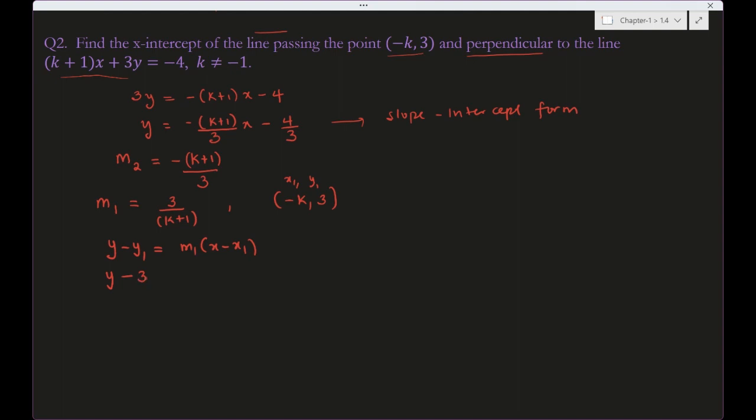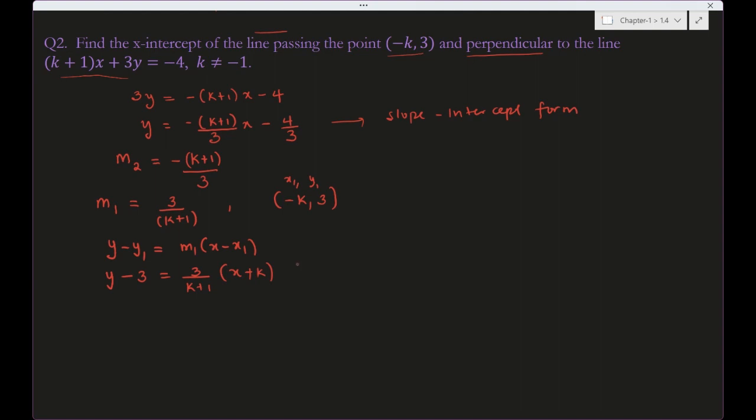So then this will become y minus 3 is equal to 3 over k plus 1 times x minus x1. x1 is minus k, so minus minus k is going to be plus k. Okay.